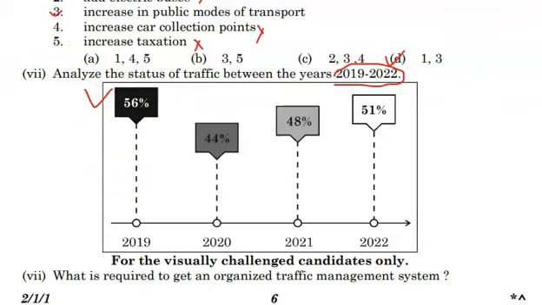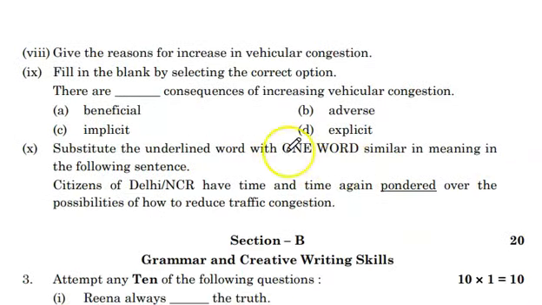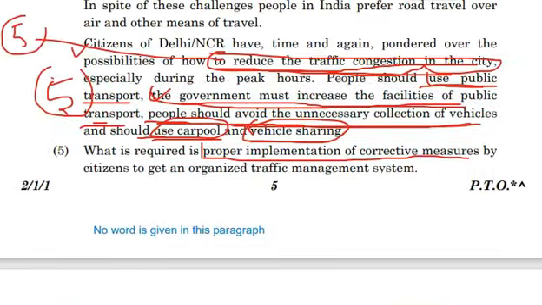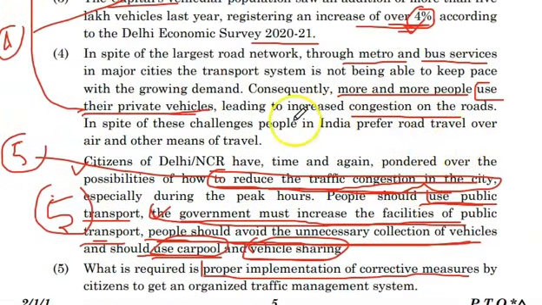Moving on to question number 8. Question number 8 is, give the reasons for increase in vehicular congestion. So what are the reasons? What are the reasons for vehicular congestion? There are several reasons. Reason number 1, people use their private vehicles.